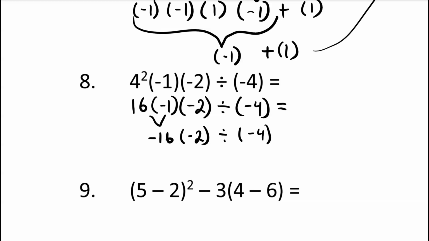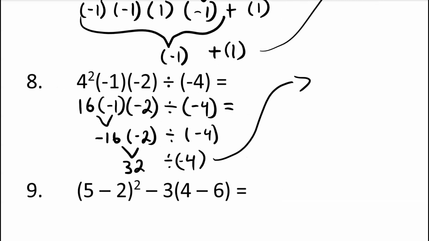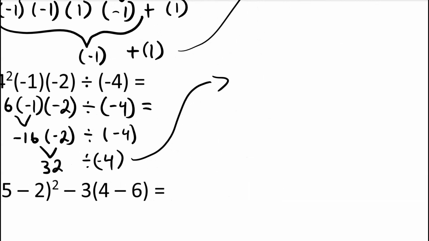Still, again, we have to go left to right, and we have multiplication first. Negative 16 multiplied by negative 2 becomes 32 divided by, sorry, negative 4. Bring this back up so we have some more room. 32 divided by negative 4 becomes negative 8 as our final answer.